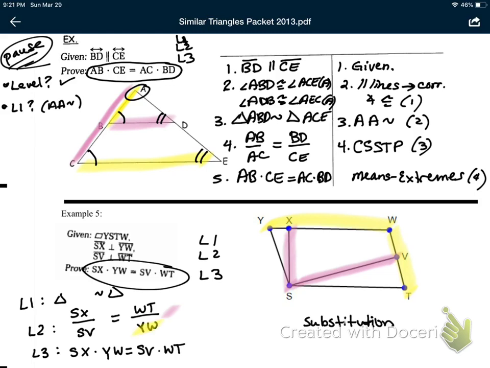YW is not in a triangle, but can you think of a side that would be equal to the measure of YW that is in the triangle? That's right, ST, because of the fact that it's a parallelogram. So let me get rid of YW and let me highlight ST instead. And now I've got the leg and the hypotenuse of that right triangle. Let's do the same for WT.